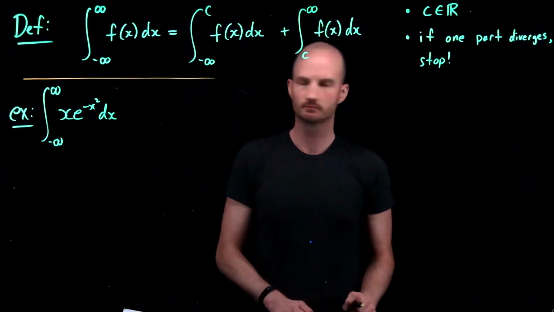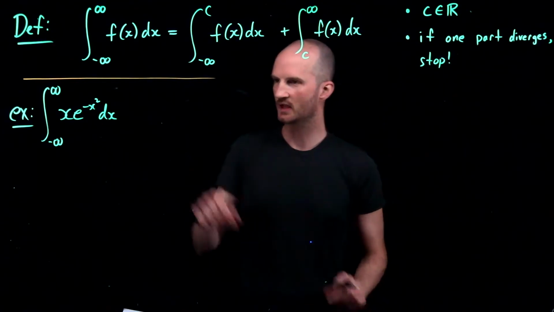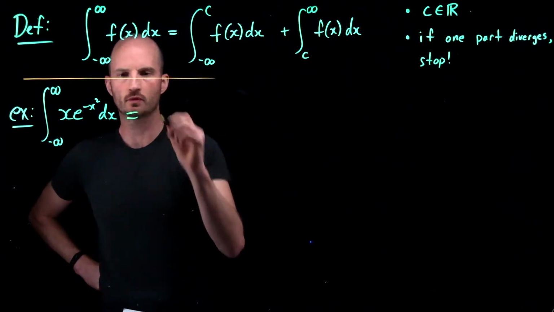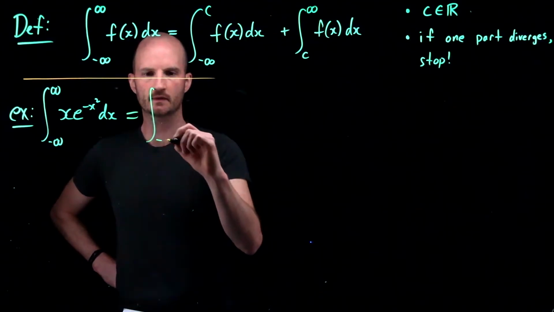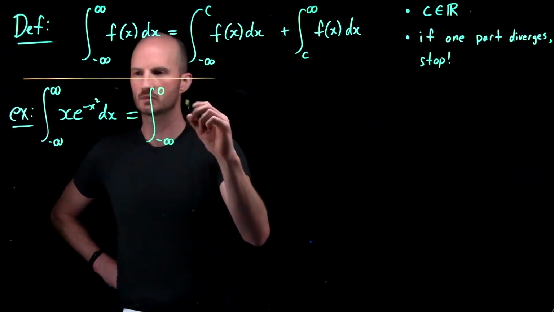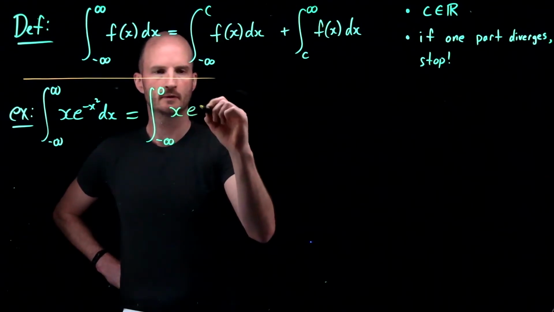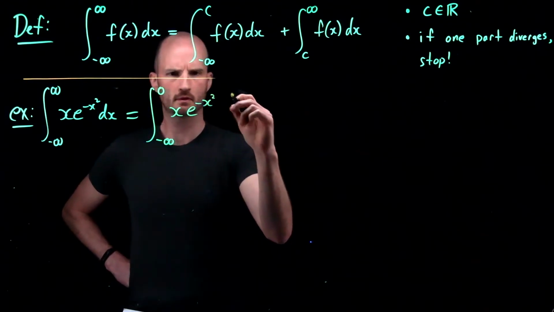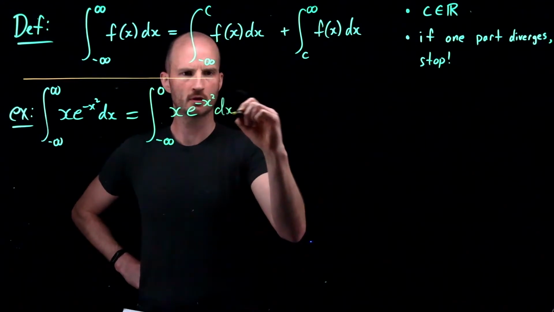Now, let's try this example here. So follow the definition and break it. We'll choose 0. It's a nice simple number.